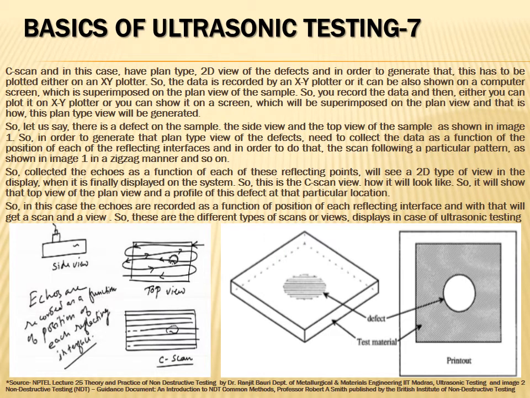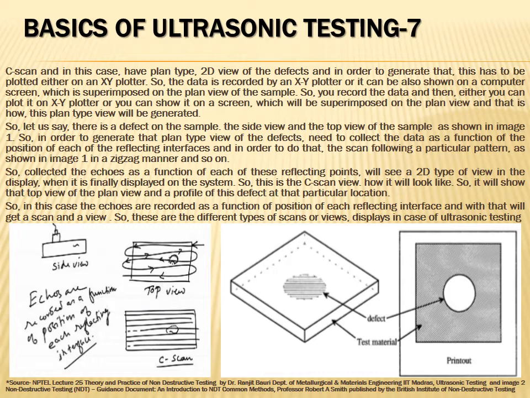Next is the C-scan, and in this case we have a plan-type 2D view, as shown in the image on that slide. To generate the 2D view of the defect, the data has to be plotted either on an XY plotter, so the data is recorded by an XY plotter, or it can also be shown on a computer screen, superimposed on the plan view of the sample.